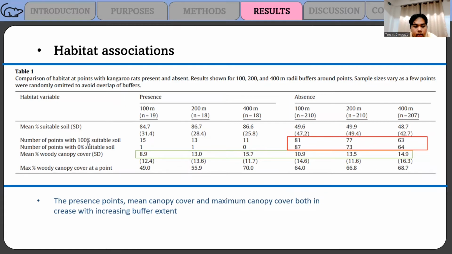You can see the green square is the present point; mean canopy cover and maximum cover both increase with increasing buffer extents. And the red square tells you that the number of absent points with 100 suitable soil was about equal to the number of points with 0 suitable soil.